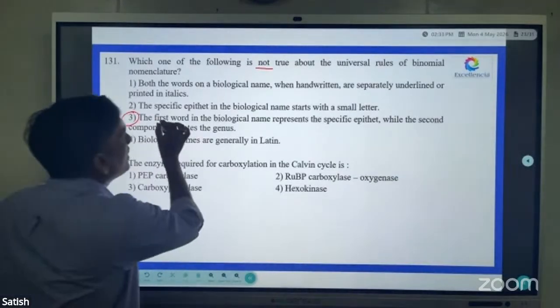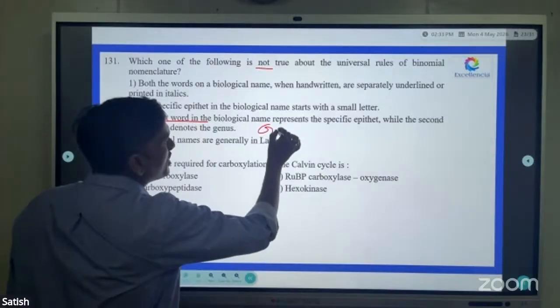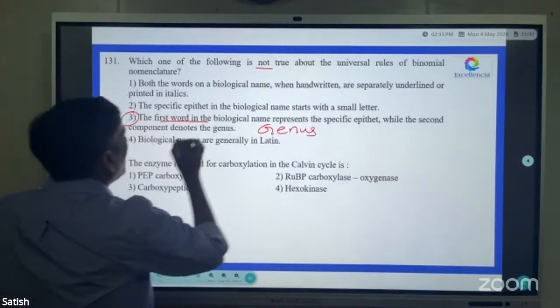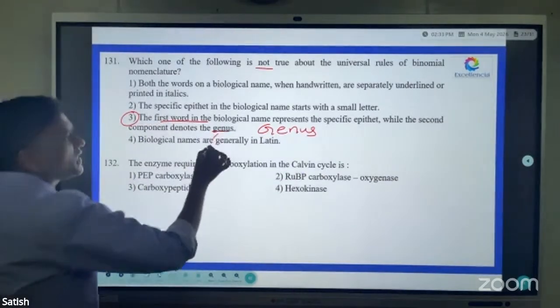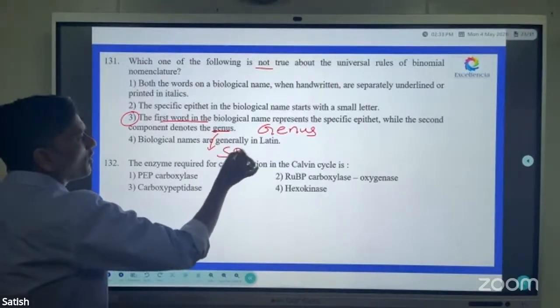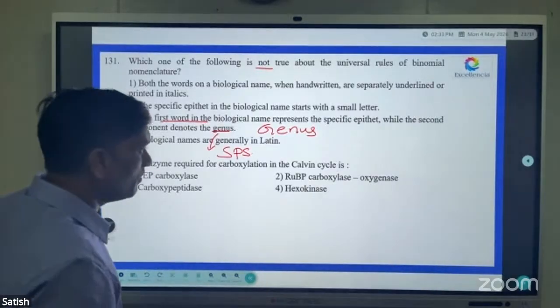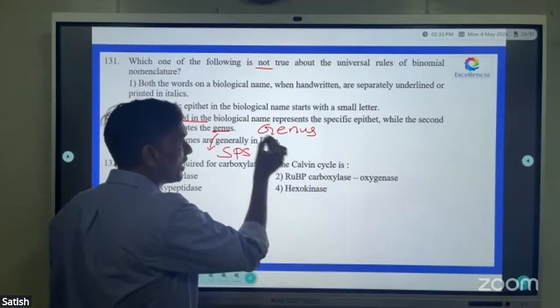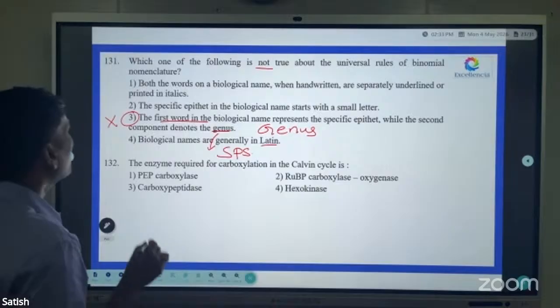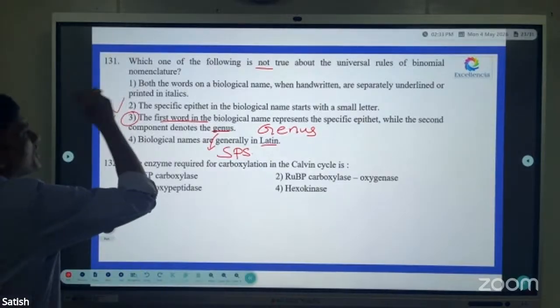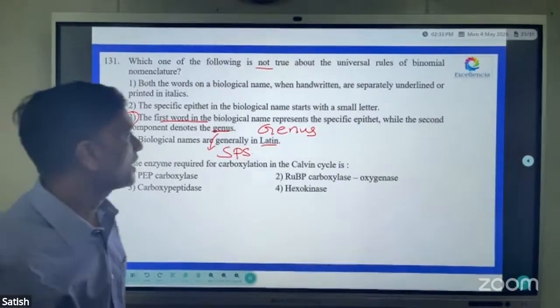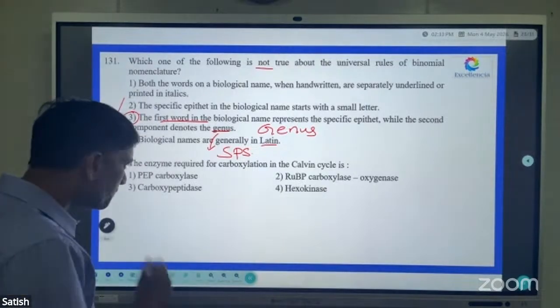The first word is the generic name or genus, while the second word denotes the specific epithet or species. It's a wrong statement. Biological names are generally derived from Latin because it is a dead language. So the answer for 131 is the third option.